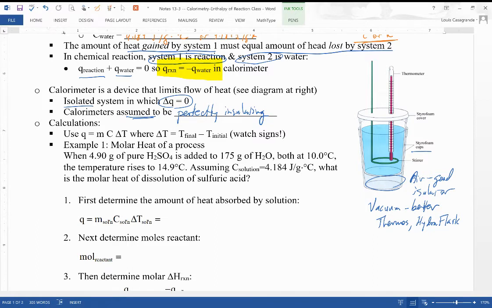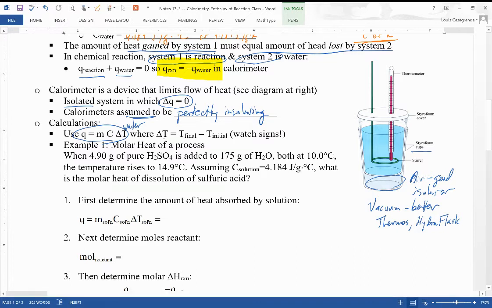All right, so calculations. We're going to have to do a couple of calculations here, because what we're going to do is have some sort of a process take place inside our calorimeter, and then we're going to use Q equals MC delta T for the water. This is only going to be for the water, not for the system, because the system is going to be a process which has an enthalpy. And what we're doing is we're going towards calculating the enthalpy of the process based on the Q of the water.